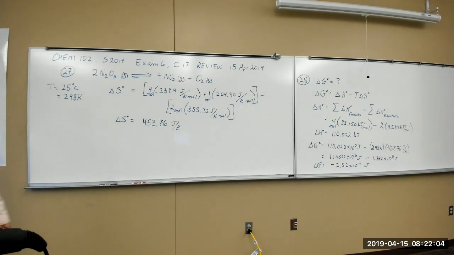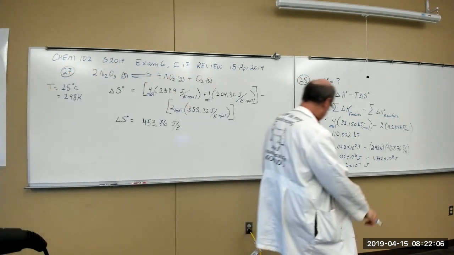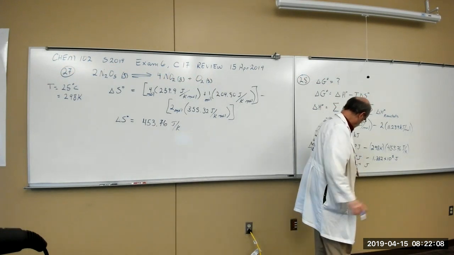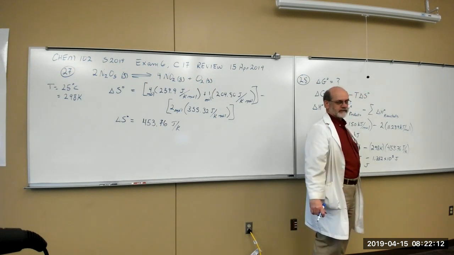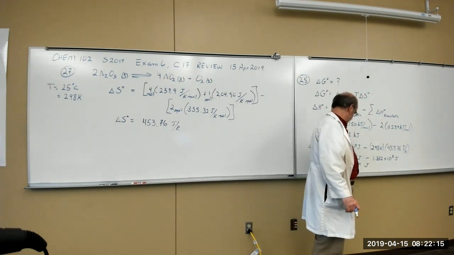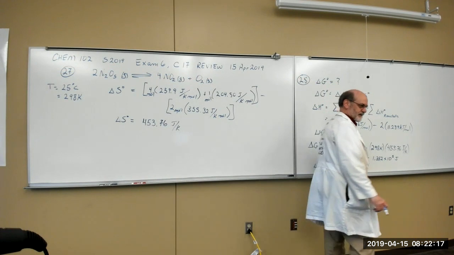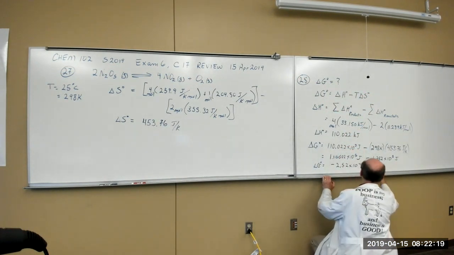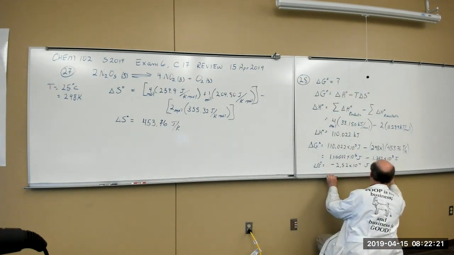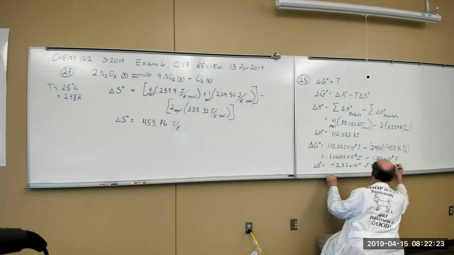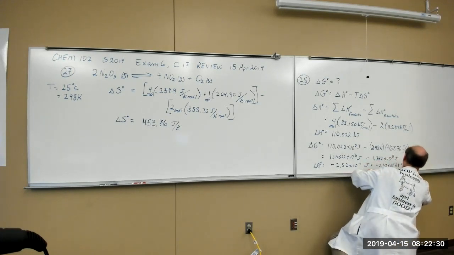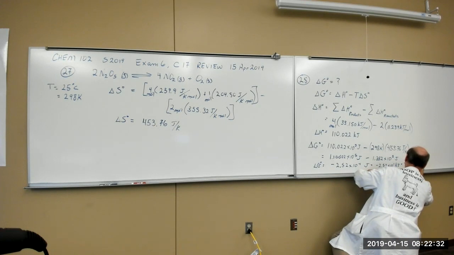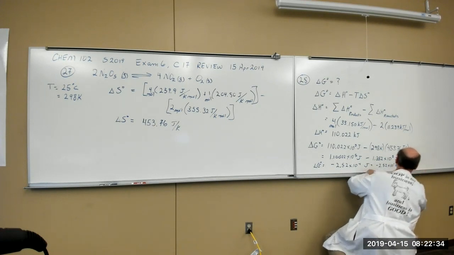Oh, okay, so they want kilojoules. Right, so kilojoules would be this number times 10 to the 1st, correct? So this would be minus 2.52 times 10 to the 1st kilojoules. And I think they have it as 25.2, right, 25.2 kilojoules. There we go.